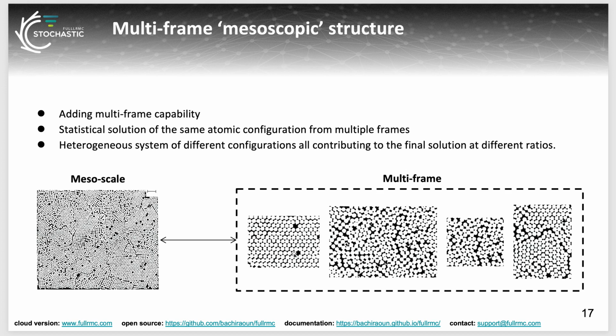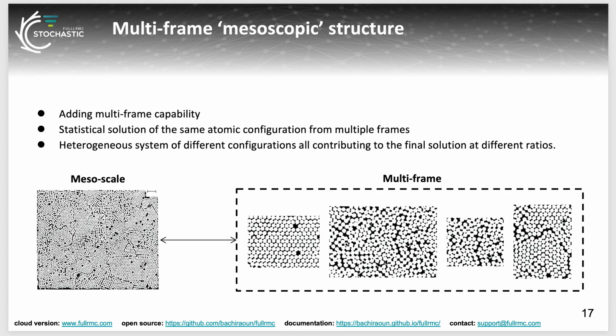And then I will run all of those in parallel to create a single solution. So this is some difficult computation that happens in fullRMC, where at each and every step of the engine, all of those frames are communicating with each other, and the ratio of contribution of each and every frame will be communicated. This is the so-called mesoscopic computation.